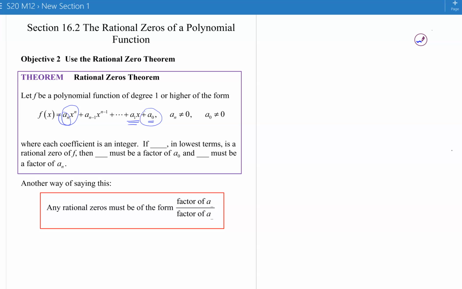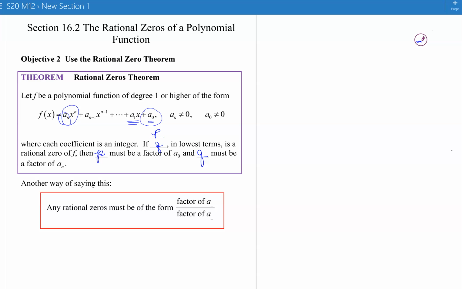But if you have some number p over q and it's reduced down as much as possible, it's in lowest terms, if it's a rational 0 of the function, then p must be a factor of the constant, a sub 0, and q must be a factor of the leading coefficient.